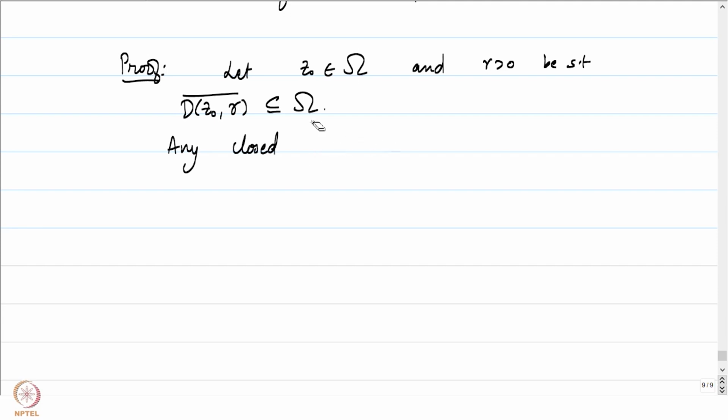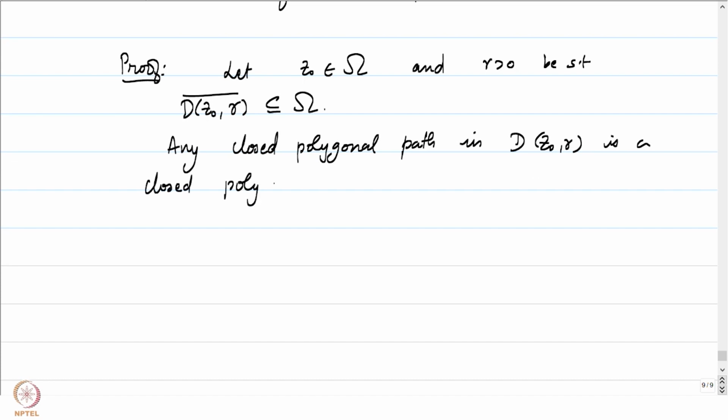Any closed polygonal path in D(z0, r) is a closed polygonal path in omega. Let's call the path gamma, a polygonal path in omega, and hence the integral of f over gamma is equal to 0.